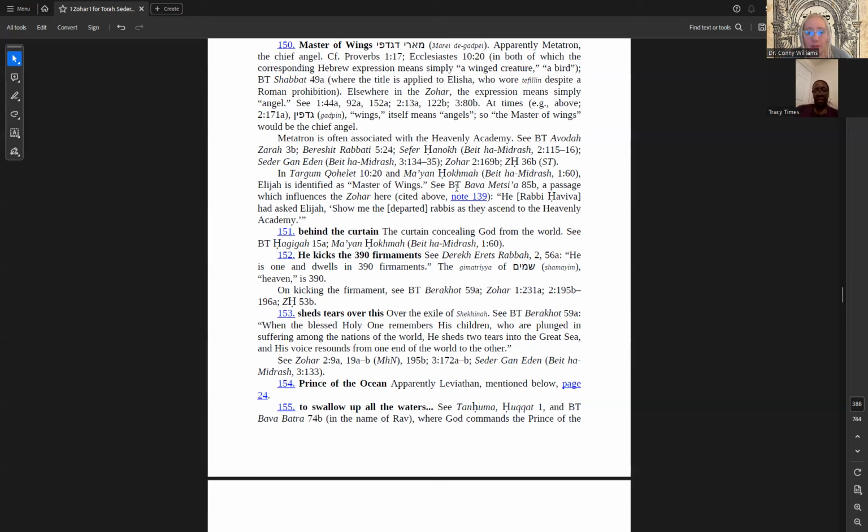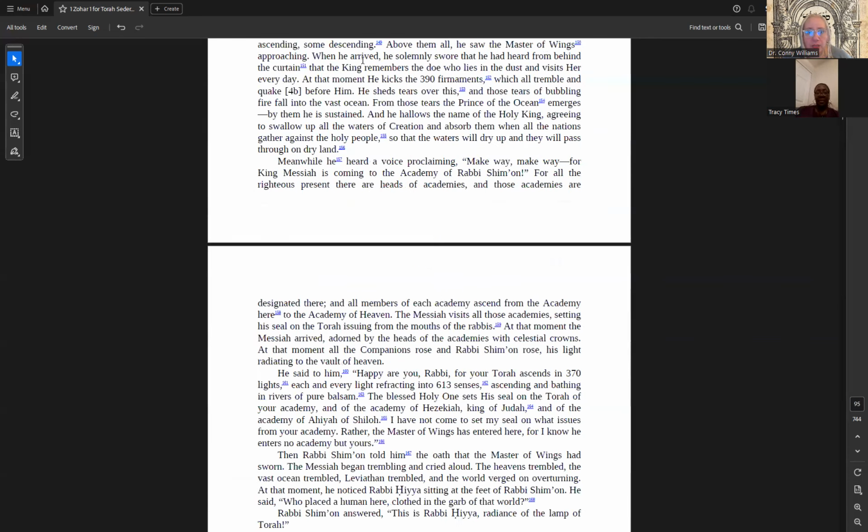A little bit further on, there is a passage in the Babylonian Talmud which influences the Zohar here. He, Rabbi Chia, Chaviva, asked Elijah, show me the departed rabbis as they ascend to the heavenly academy. So I guess you can pick and choose here. Who is this winged master?